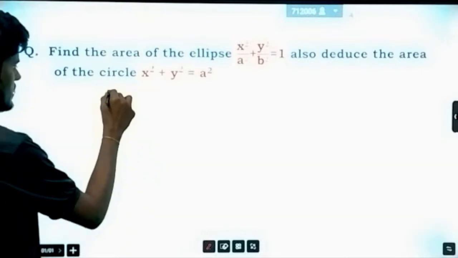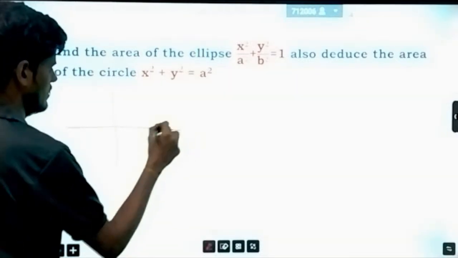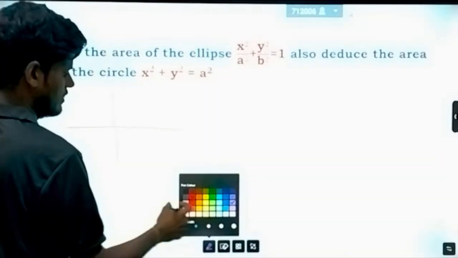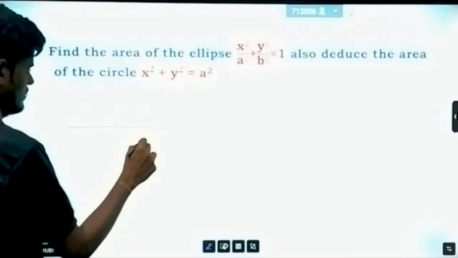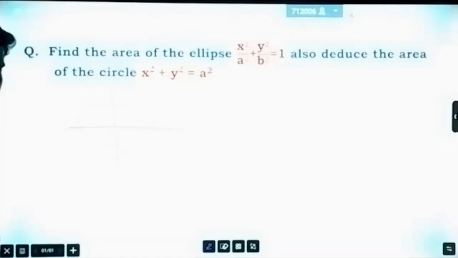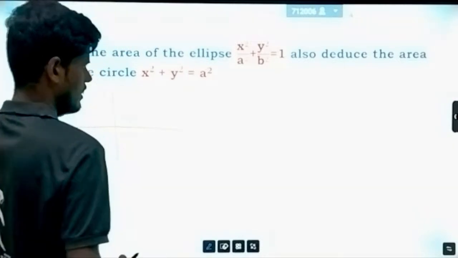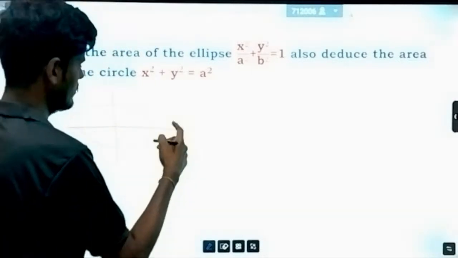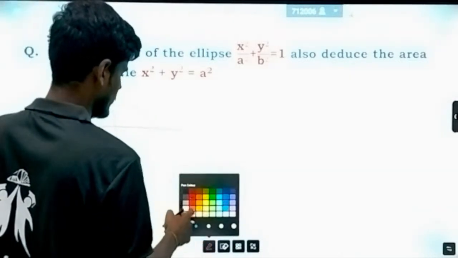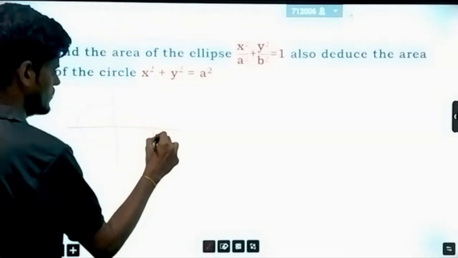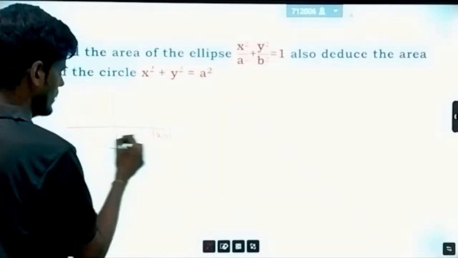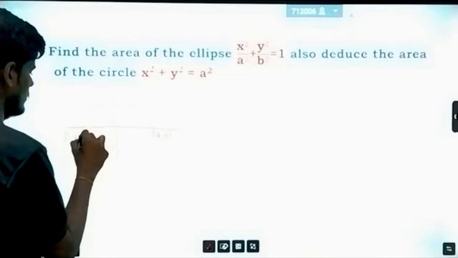First we will draw the graph of this. Ellipse curve is like this, and circle, we don't need to see about circle for now. We will first find the ellipse. This point will be a comma 0 and minus a comma 0.